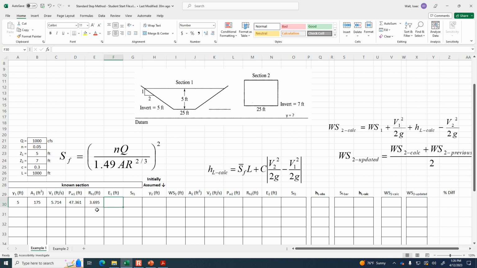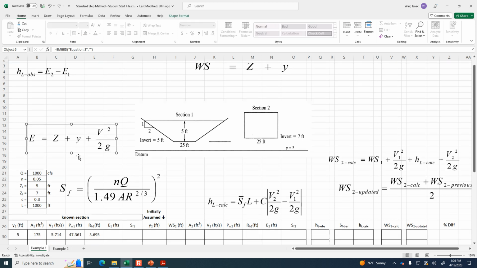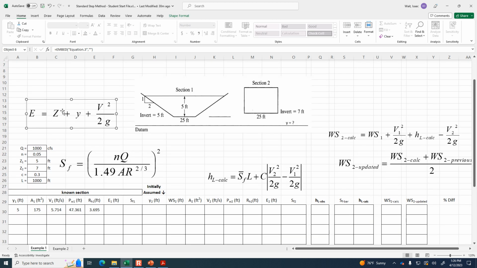Okay, energy we're going to define as the elevation from the datum to the bottom of the channel, so that's Z, plus Y at that location, plus the velocity head, V squared divided by 2G.